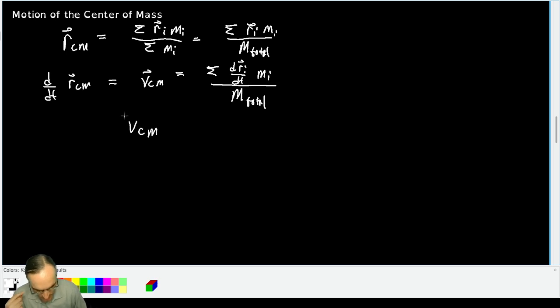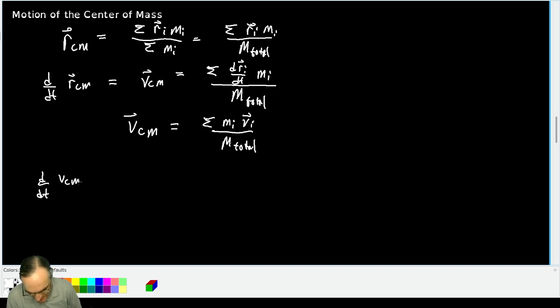Or the velocity of the center of mass is just the sum of the masses times the velocities divided by the total mass. We can do that again. We can take d/dt of V_CM. That gives us the acceleration of the center of mass, and that ends up just looking like a sum of the individual accelerations times the masses divided by the total mass.